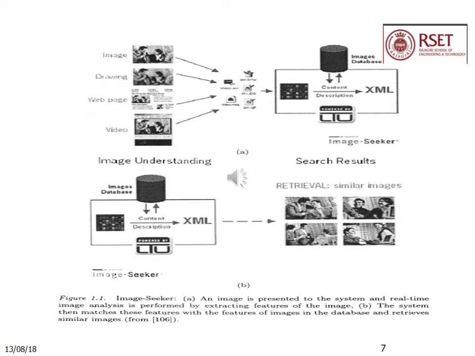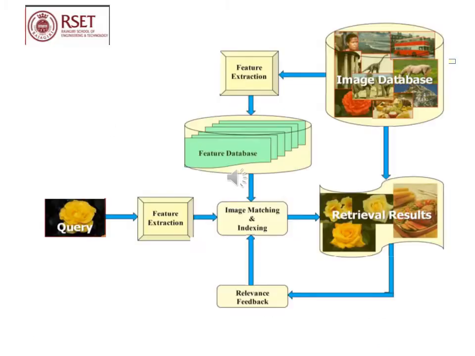We also extract the features from the image database, and we need to check the similarity. After that, we get some similar images from the dataset. This is a simple example of image retrieval, in a system called Image Seeker. As in the previous slide, I have already explained how a CBIVR system works.